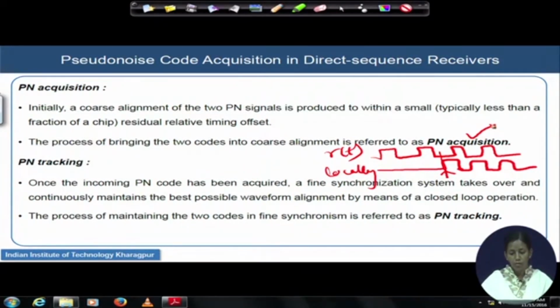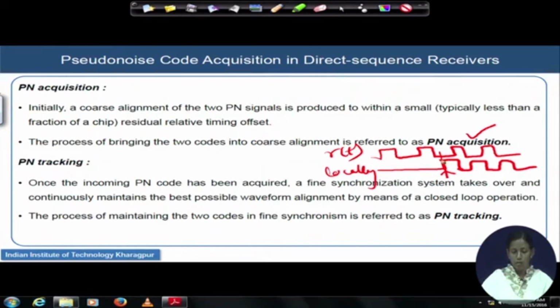Once the coarse alignment is achieved, the coarse aligned signal is fed to another circuit, where continuous tracking of the estimated phase offsets goes on, and there is continuous trial to realign the remaining offsets, or to mitigate the minimal remaining offsets within the chip period.